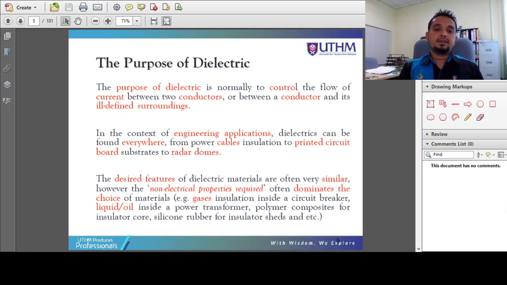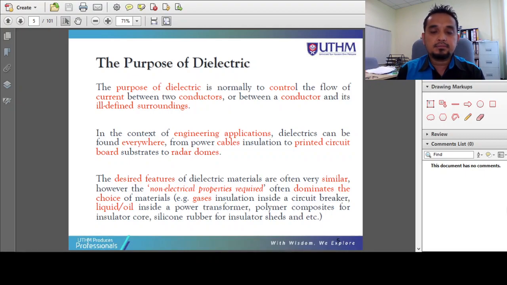What is the purpose of dielectric materials? As I explained earlier, dielectric refers to insulation. I believe all of you, as final year electrical students, know the function of insulation materials.